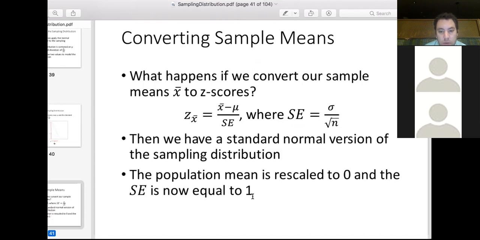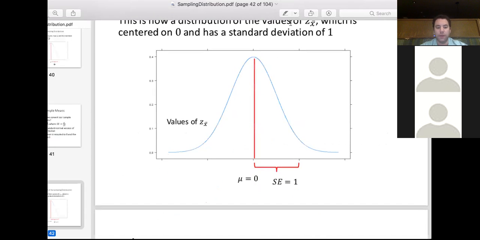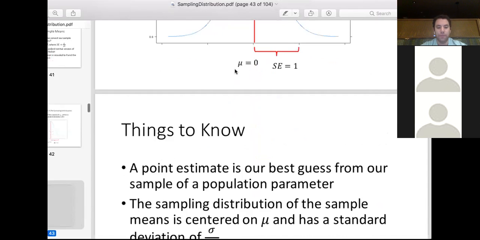We'll have a standard normal version of the sampling distribution, where the population mean is rescaled to 0 and the standard error is equal to 1 because it's a z distribution. And that's how this looks visually.